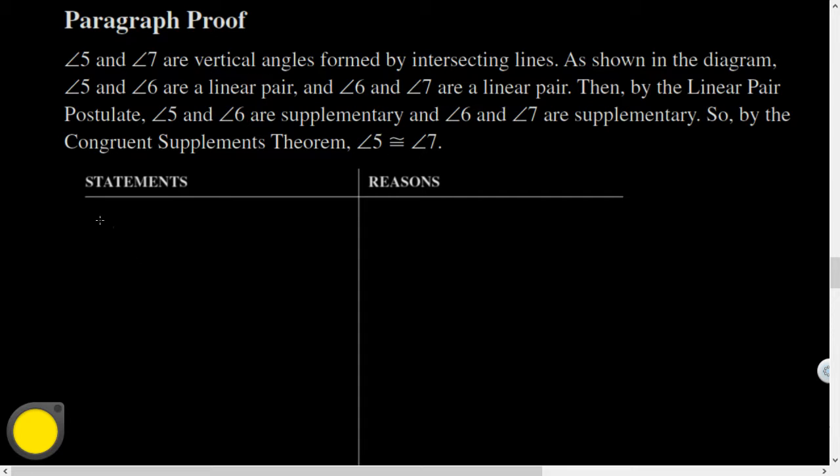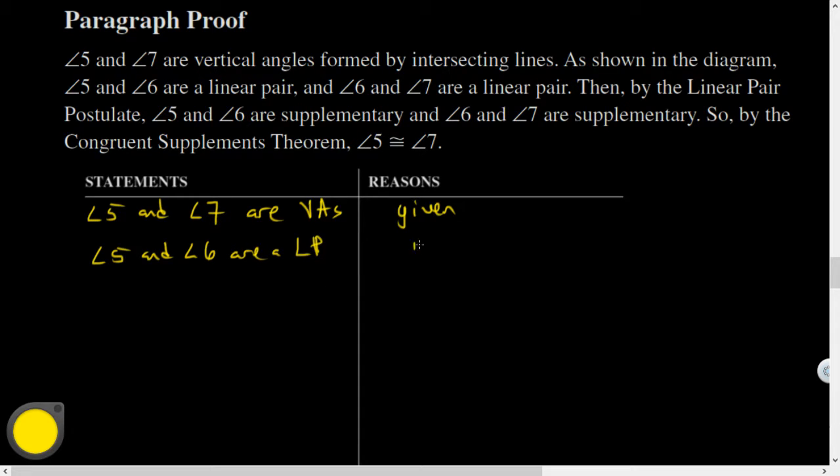All right, let's see. Let's say angle 5 and angle 7 are vertical angles, VAs. Reason is given. Angle 5 and angle 6 are a linear pair. That is also given.